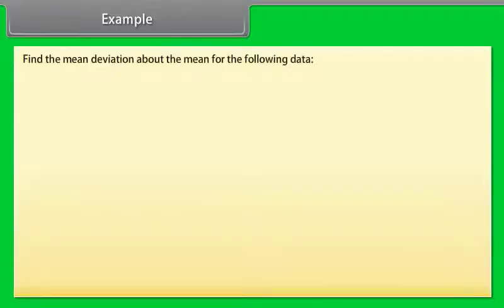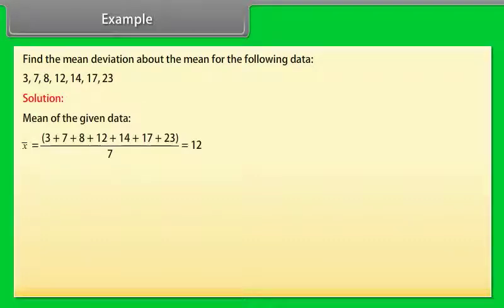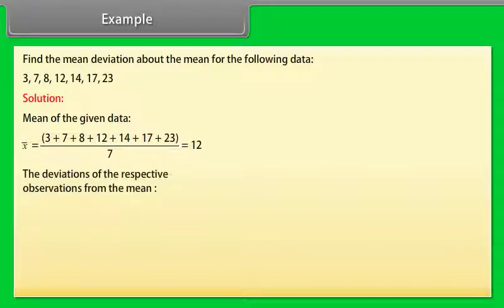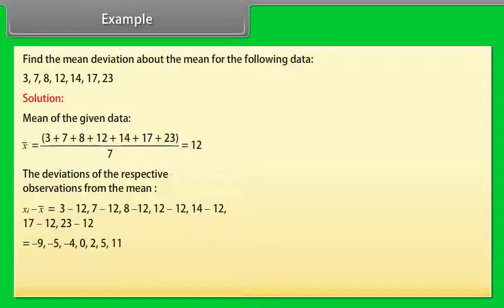Example. Find the mean deviation about the mean for the following data. Mean of the data can be found as x bar is equal to 12. After that, we find the deviations of the respective observations from the mean as xi minus x bar is equal to minus 9, minus 5, minus 4, 0, 2, 5, 11.